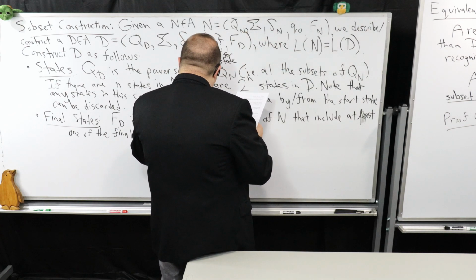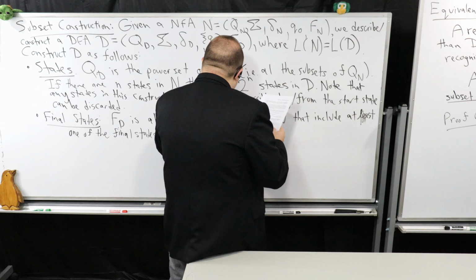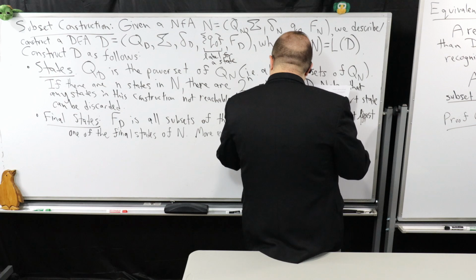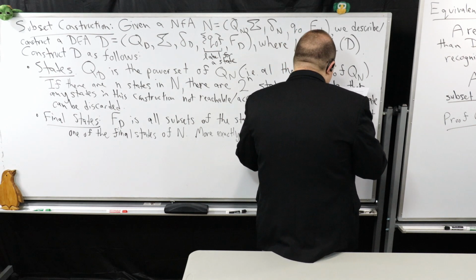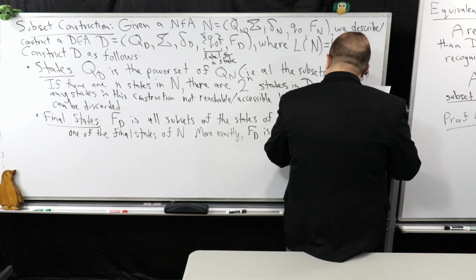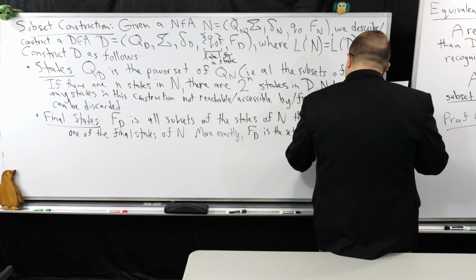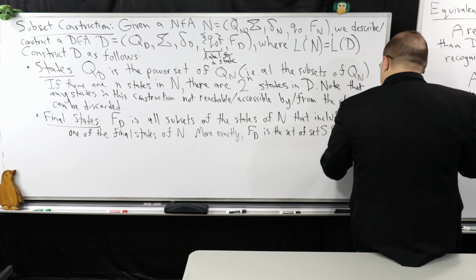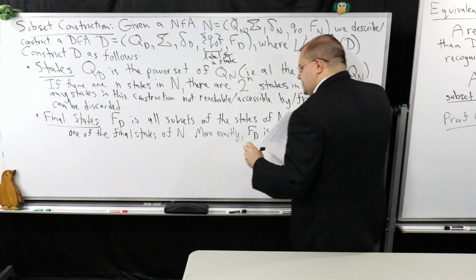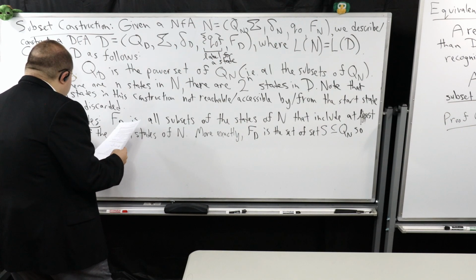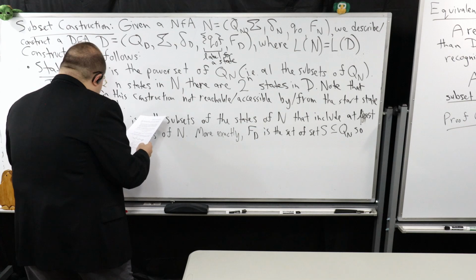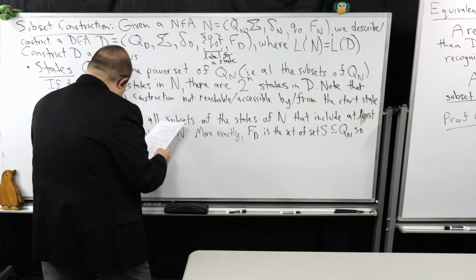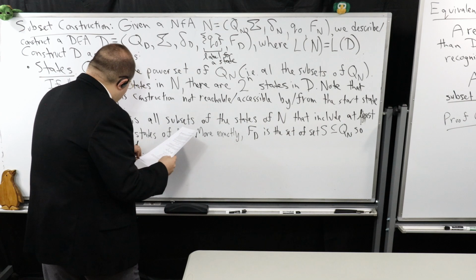So, more exactly, FD is the set of subsets S of Qn so that S intersect Fn is not empty.